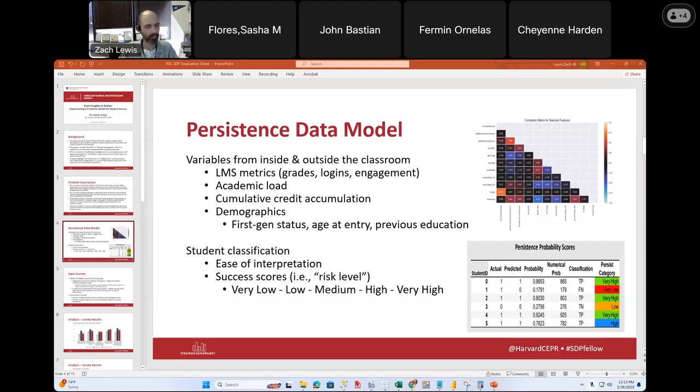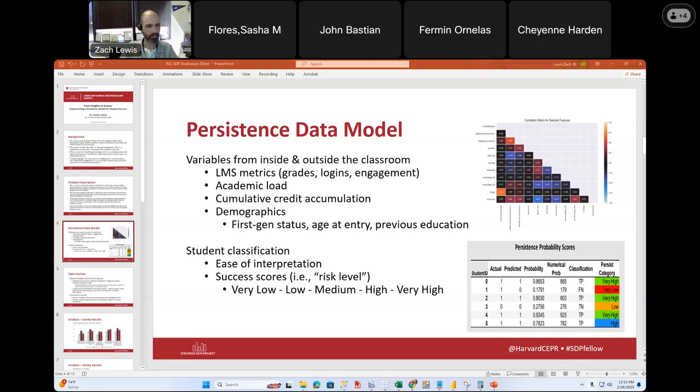It could be logins, engagement, academic load, or cumulative credits in the whole Maricopa system. It could be demographics, like whether the student is first generation, at what time they came into the college, and what background they had when they came in. All these attributes were considered, and eventually we built two models.